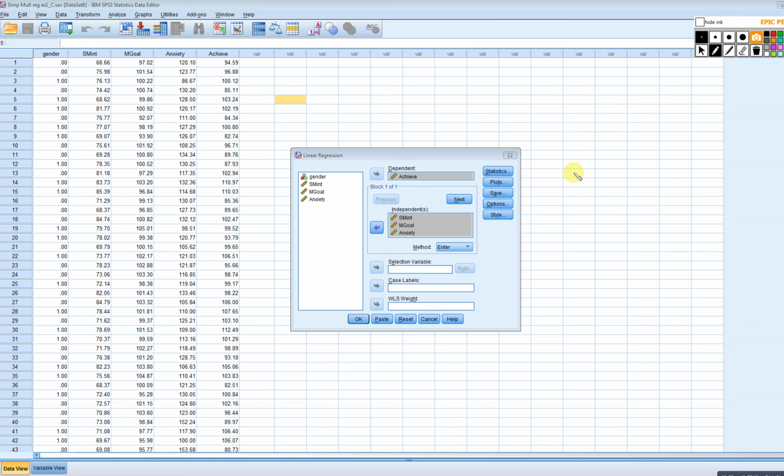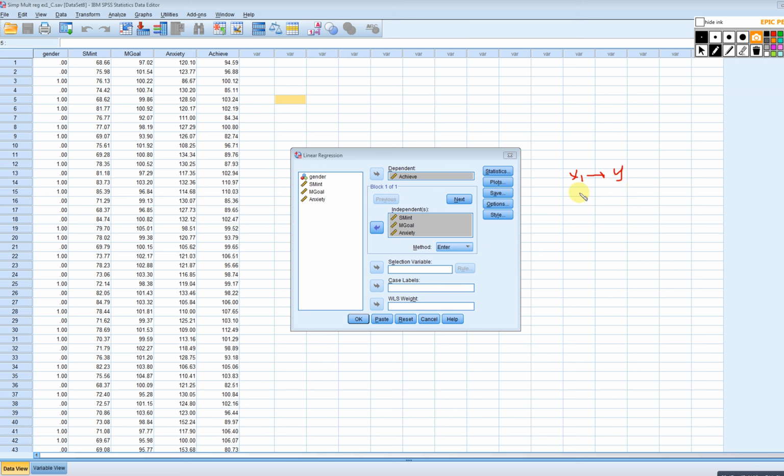We want to be able to look at the relationship between x1 and y while controlling for any shared variation between x1 and the other predictors. So we want to get a cleaner look at the relationship between x1 and y while partialing out, or controlling for, the other predictors. So that's why it's called an unstandardized partial regression coefficient.